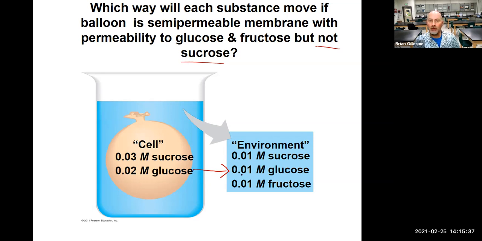So glucose would diffuse out until we change our concentration by another 5/1000ths molar, because the difference between 0.02 and 0.01 is 0.01, right?